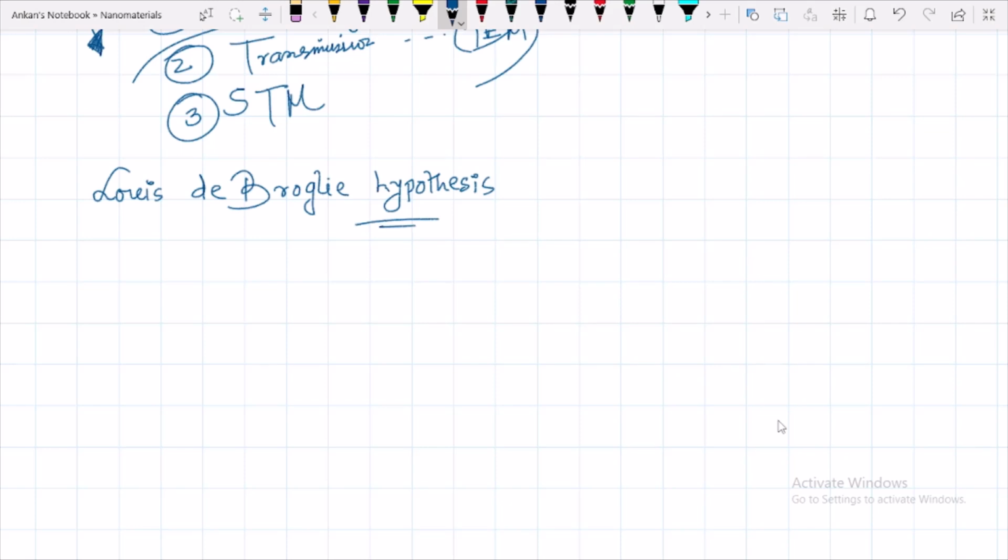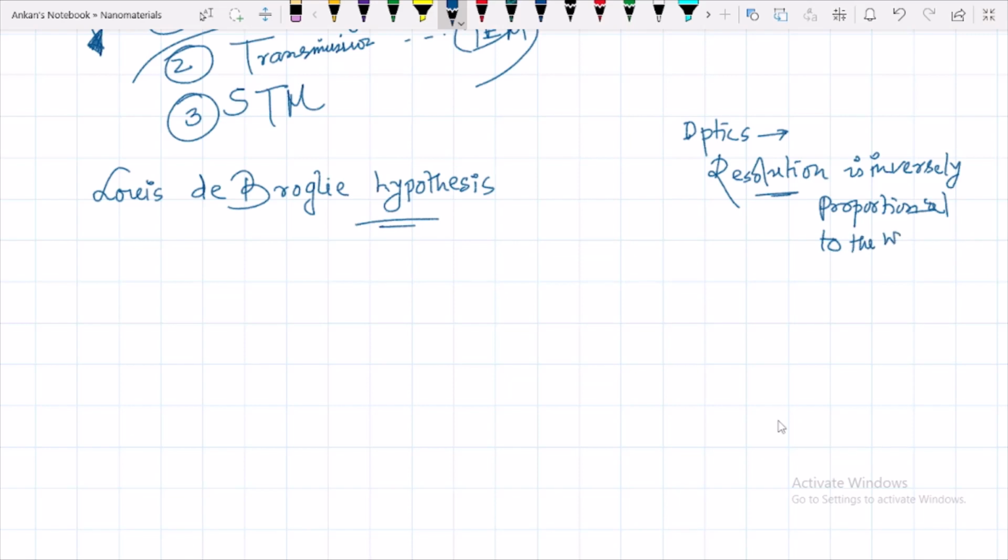From optics we know that resolution is inversely proportional to the wavelength of light.